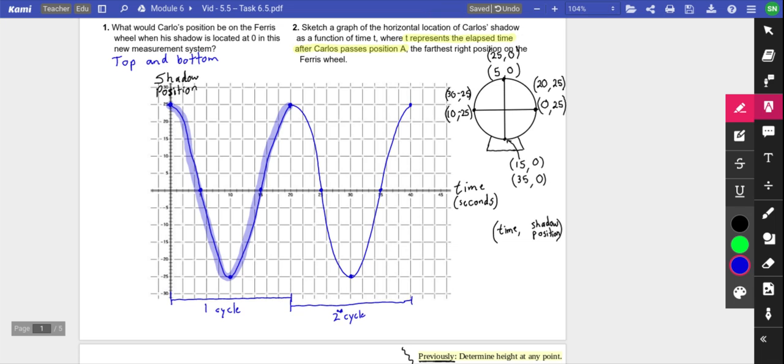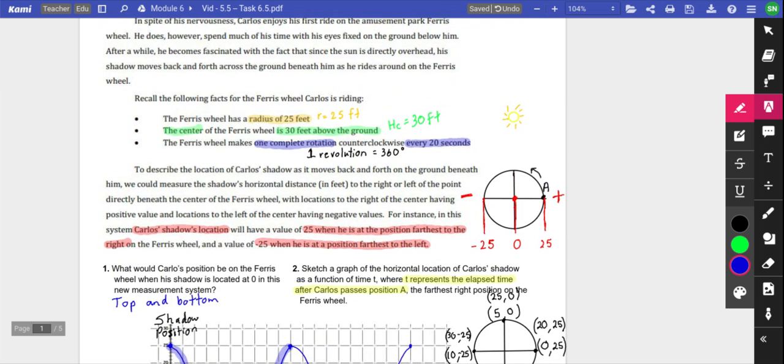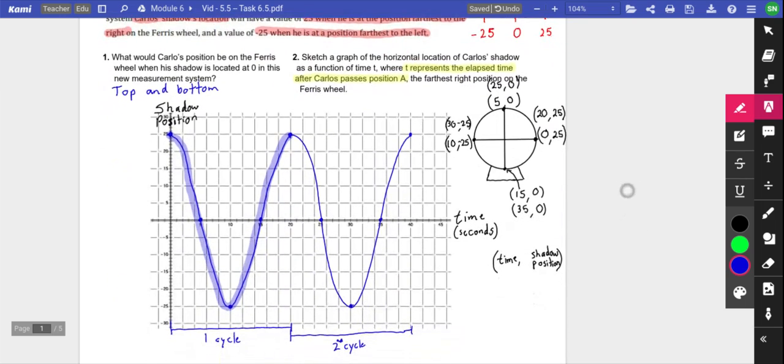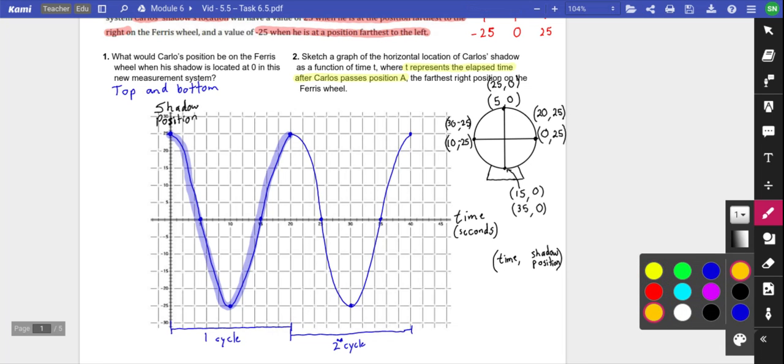Same as yesterday, we're going to have to graph the amplitude. Remember, the amplitude is 25 because the radius is 25. The amplitude goes from the center of the graph, the center in this case is 0, to the highest point, or from the center to the lowest point.